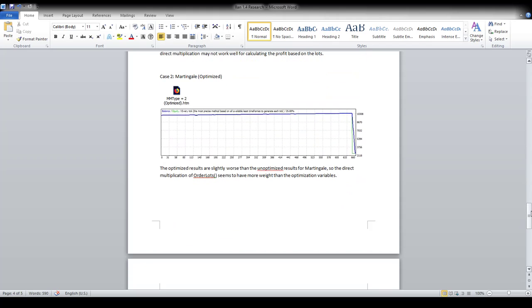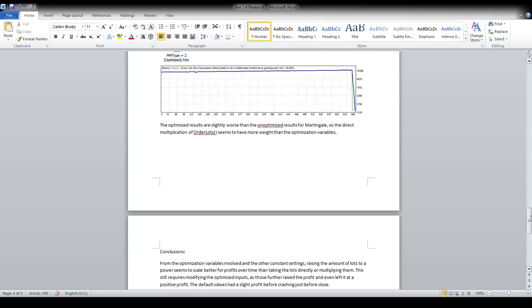And in the case where we use martingale as optimized, it's pretty much the same. It goes a little bit higher before the crash, and it goes a little bit lower after the crash. Or more specifically, when it's closed and it has to sell at a negative profit.